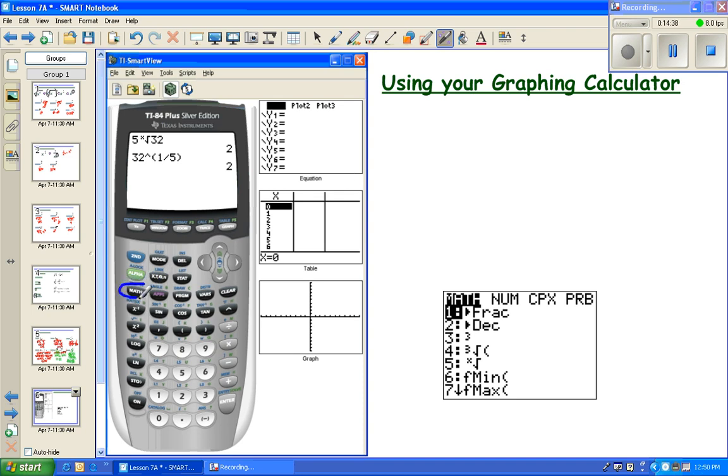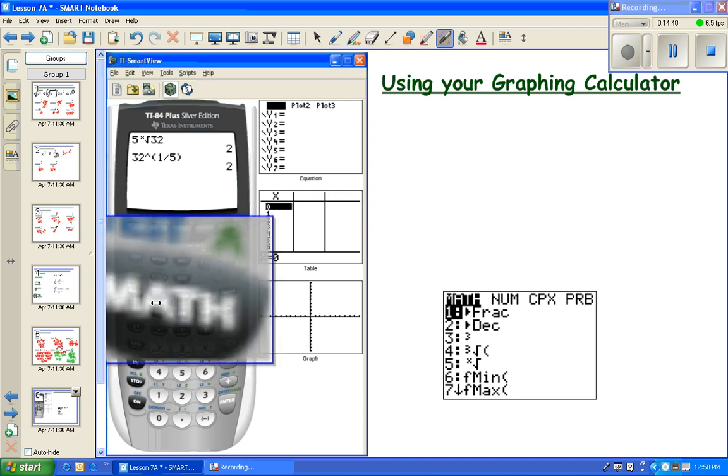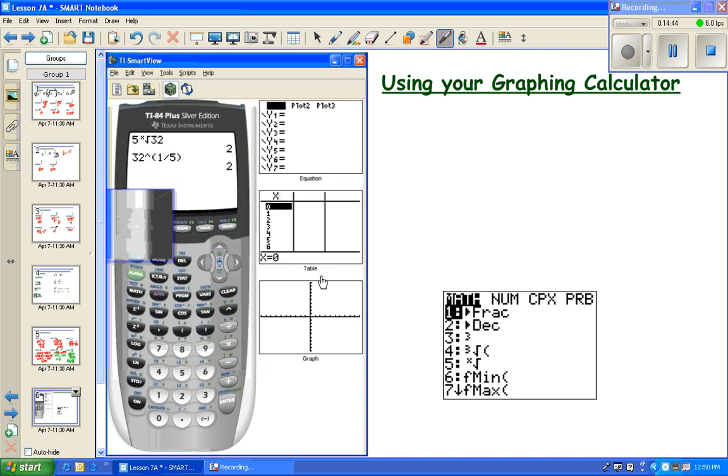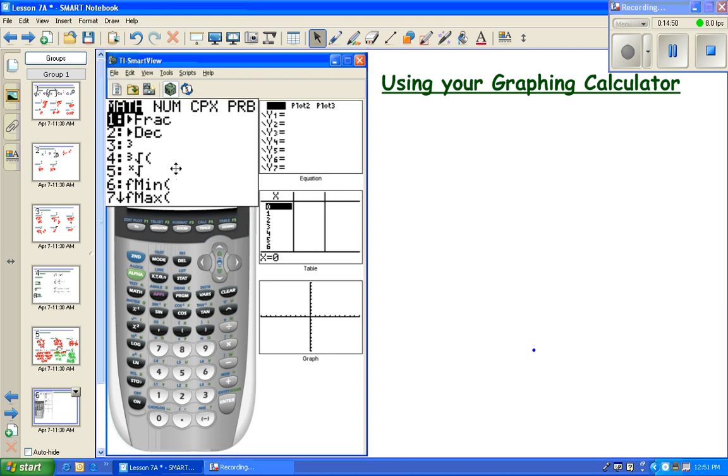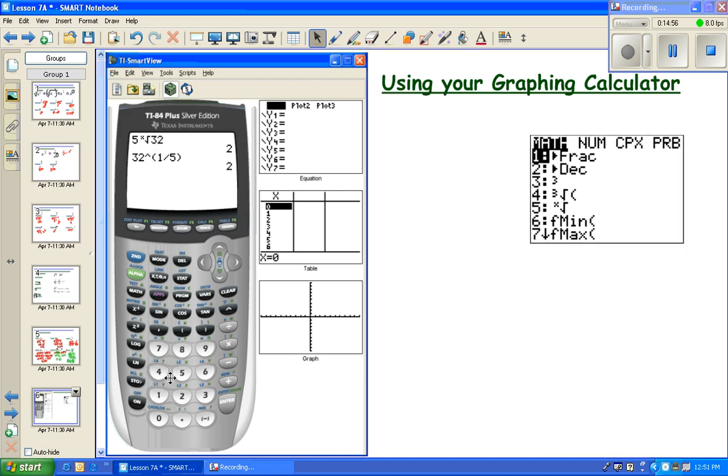Your math key is right here, and when you hit that math key right there, this menu is going to appear, and so it'll allow you to do a cubic root, but then if you want any root, you would just choose number 5, which is what we did. So I did 5 math 5, and then I wanted 32, and I hit enter.